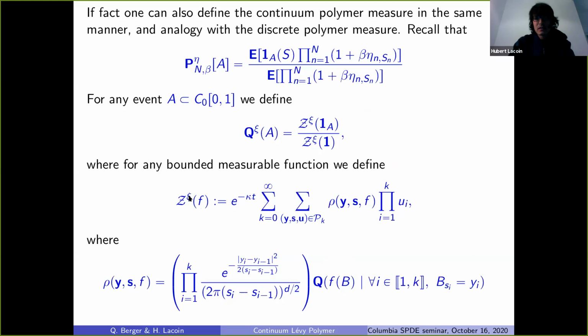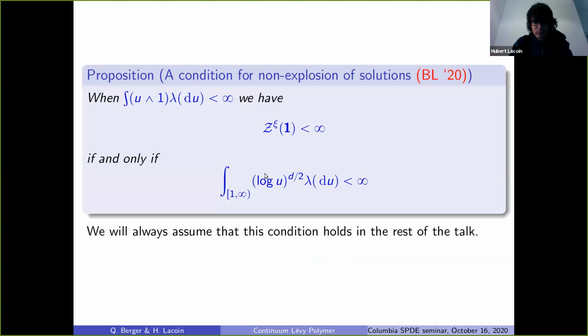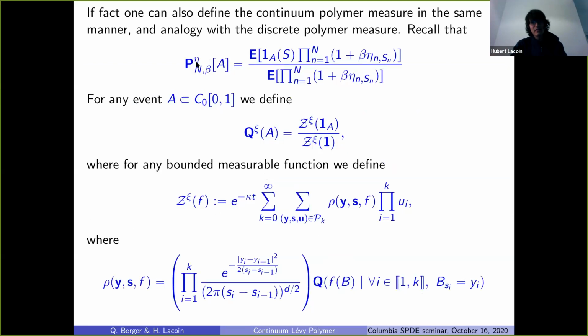So if you recall, when I introduced the discrete polymer measure, if you want to compute the probability of an event A for this polymer measure, you have to compute the ratio of two things. On the denominator, you will have the partition function.